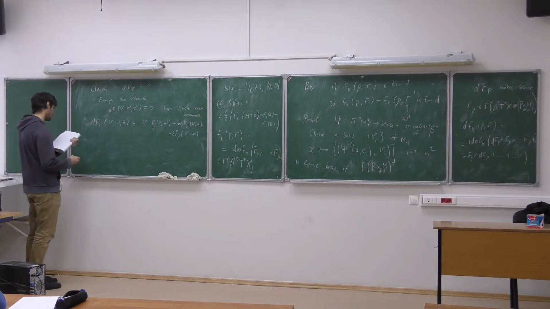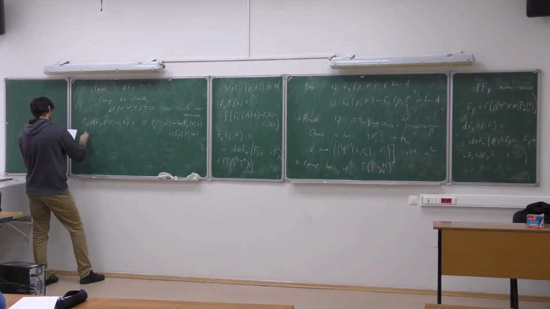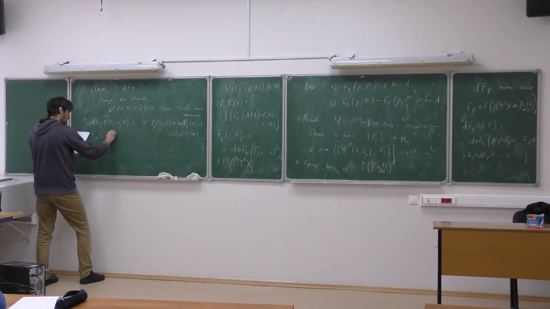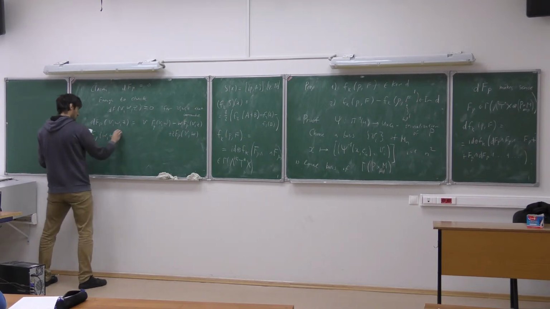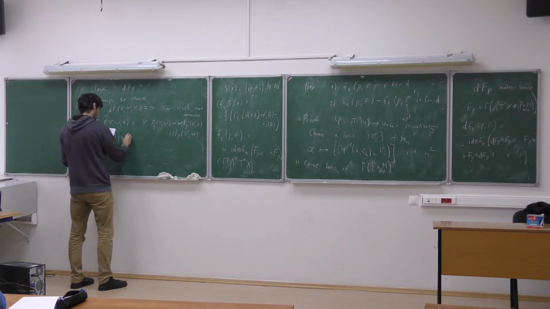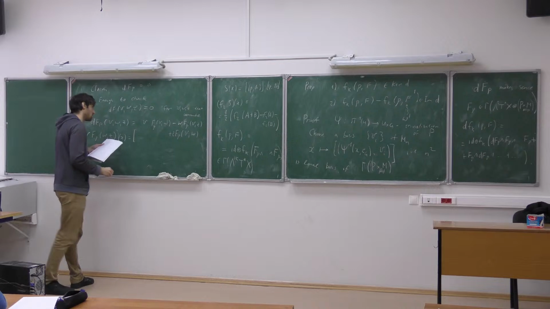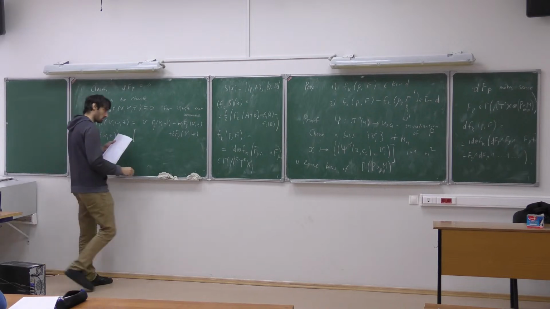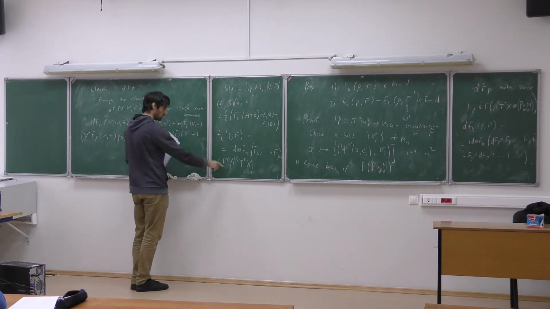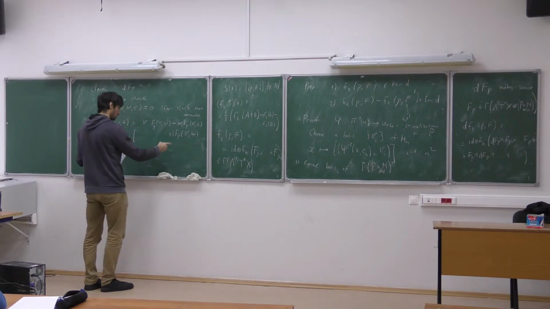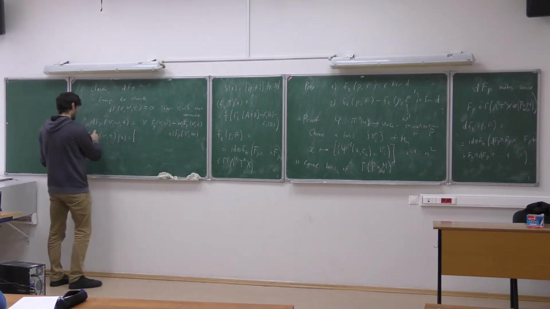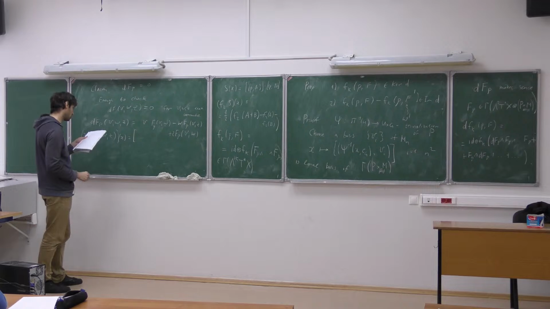Now, I claim that v of f rho(w, z) at x, well, it is some section of the same kind as f rho, right?